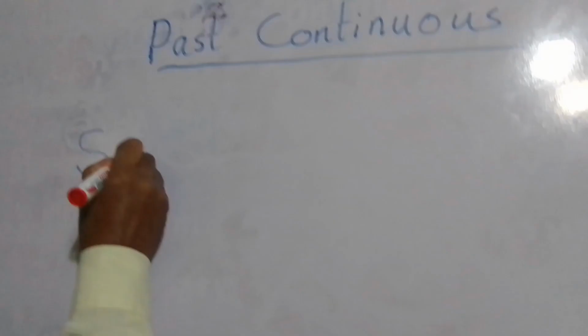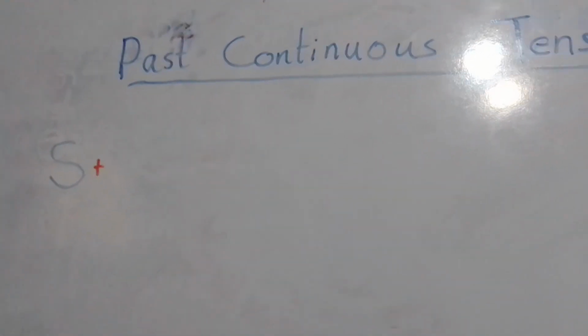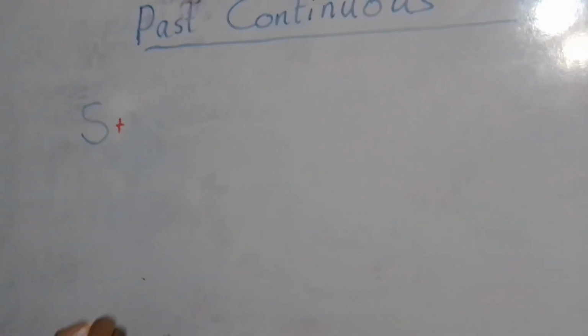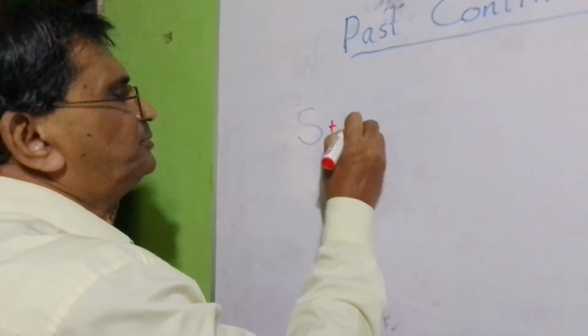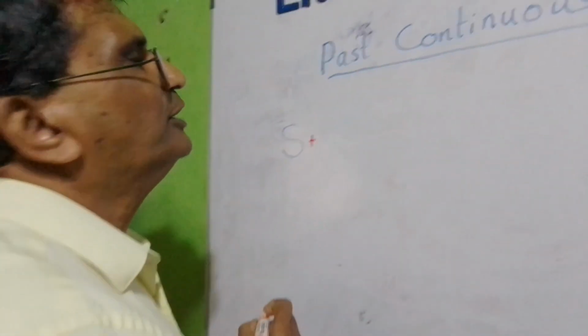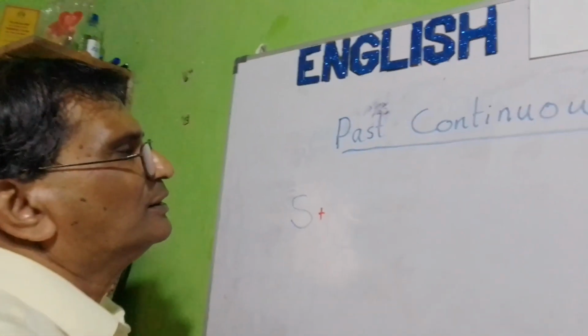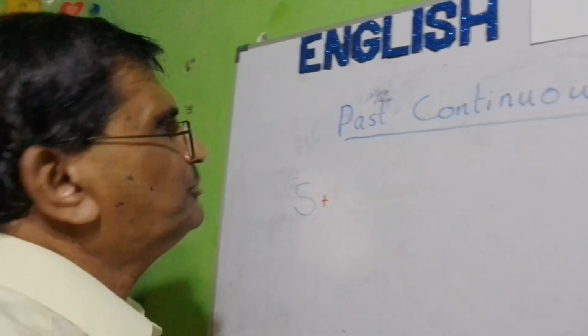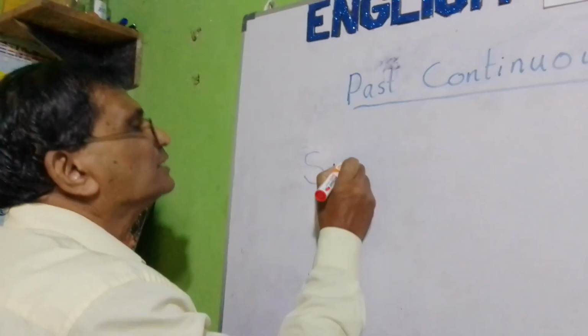After writing the subject, you have to write the auxiliary verbs. There are two auxiliary verbs that we use when you are writing a sentence in past continuous tense.